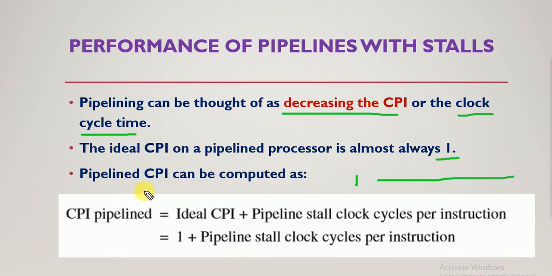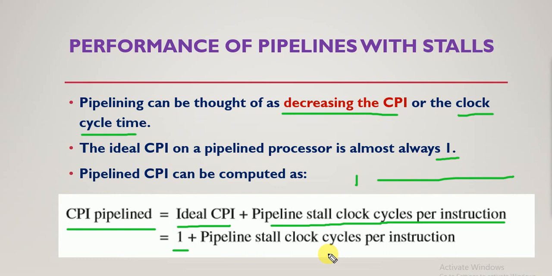Now the pipelined cycles per insertion can be computed as, CPI pipelined is equivalent to the ideal CPI, which is 1, plus the pipeline stall clock cycles per insertion. The pipeline stall clock cycles are the number of clock cycle delays that happen due to the stall.